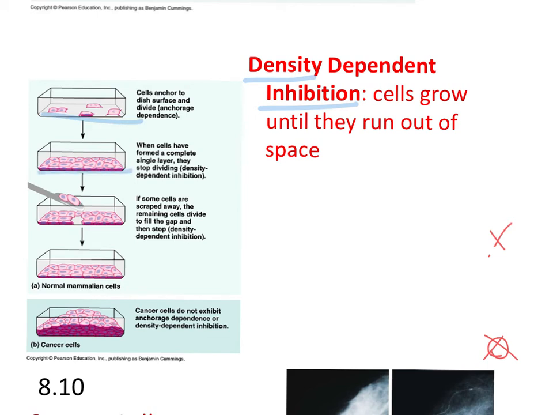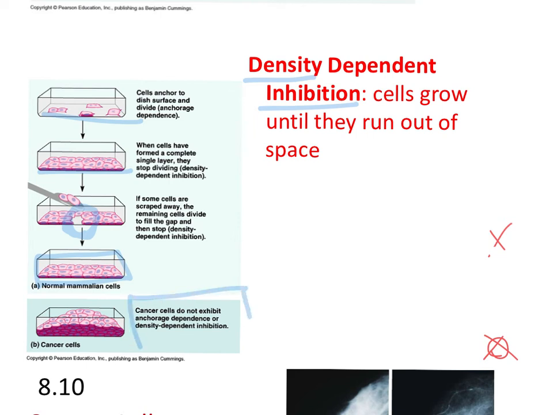They replicate until the entire bottom of the dish is covered in cells. The scientist then removes a small patch of cells. Those neighboring cells that are left in the dish realize, oh, my neighbor is gone. So they replicate to fill in that missing hole. But generally, once they are next to their neighbor and all cuddled in tight, they're not going to keep replicating.